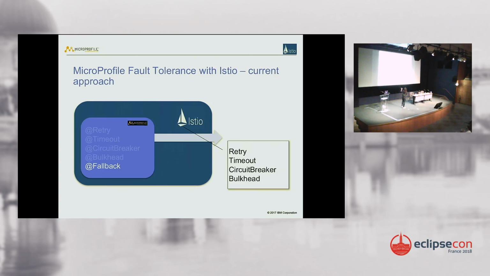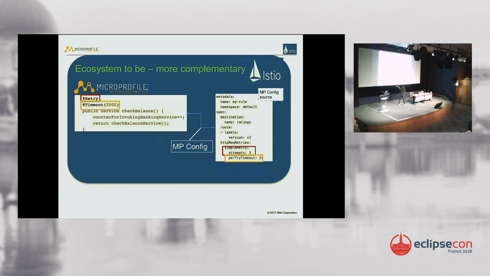The current state is we can disable MicroProfile fault tolerance and just leave the fallback. So Istio can use Istio's fault tolerance, while relying on the fallback from MicroProfile. This is the current state; now the future. We need your help. Join the community.